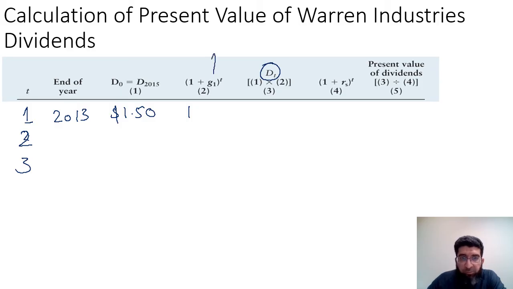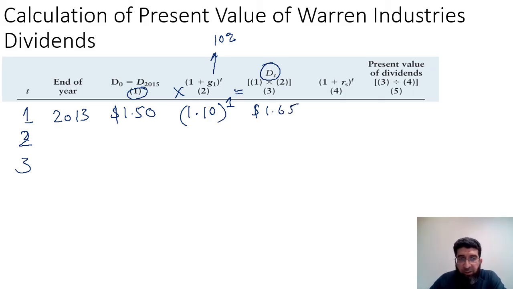Remember, this was 10%, so this comes out to be 1.10, and multiplying D0 by it gives the year 3 dividend of 1.65 cash dividend.